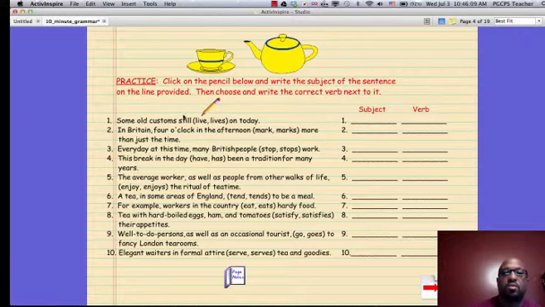You can do either the even number sentences or the odd number sentences. In your notes section, write down the numbers, and write down just the subject and the verb in each sentence. So you need to pause the video and complete 1, 3, 5, 7, and 9, or 2, 4, 6, 8, 10. And then once you're finished, you can come back and we'll go on to the second portion of the video.